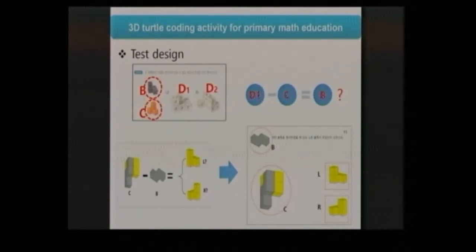In the test, students were presented with the 3D object C consisting of B and a soma cube piece put together, and to determine whether after the removal of the piece, the remaining 3D object was L or R. Here, they were to make a distinction under the restriction of the left type L and the right type R of the soma cube.